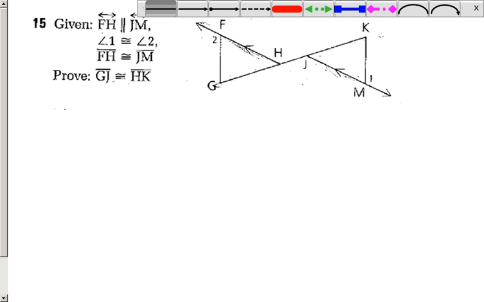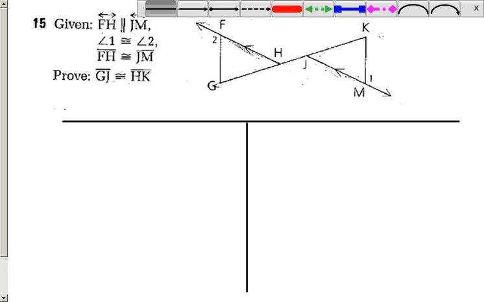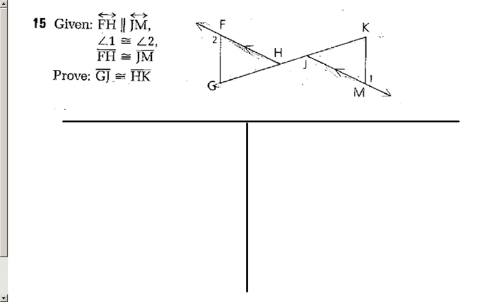So this is again a proof, but instead of proving lines parallel, I'm given that lines are parallel, and I have to prove that some other angles or sides in this case are congruent. Looking at this problem, I'm going to again mark what's given. Given that FH is parallel to JM, angle 1 is congruent to angle 2, side FH is congruent to side JM.